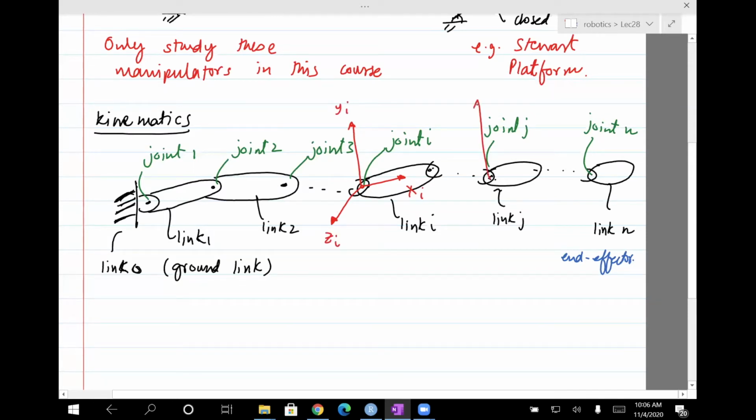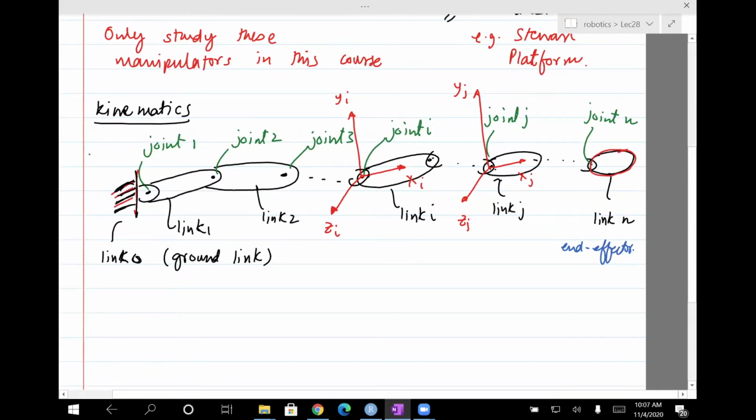For link j, which has joint j, we would have xj, yj, zj. And the real power of using those homogeneous transformations, which we talked about last time, is that they will seamlessly help us describe how this link, for example the end effector, moves with respect to the ground frame, which is our fixed frame. So this is x0, y0, z0.